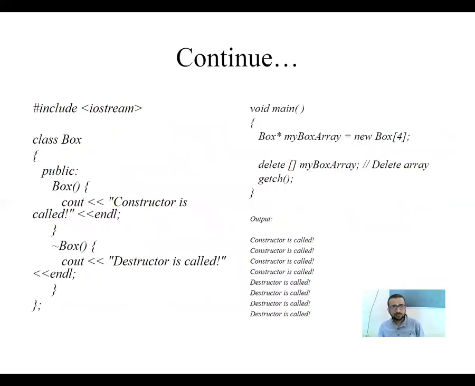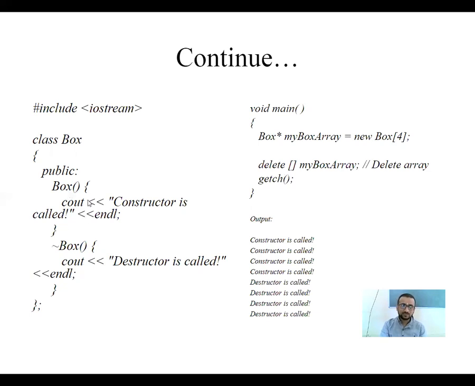So here is one example with the help of which we can understand how we are going to make use of the new operator and the delete operator. With the help of this program, we can understand that we have one class, Box, in which we have the public specifier, and in that we have one constructor.